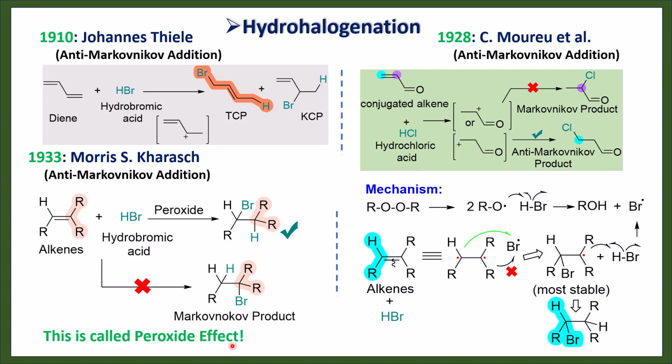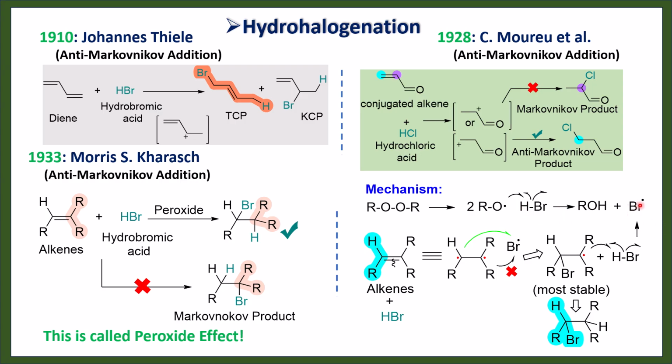And how do these reactions happen? We can look at the mechanism. If you use peroxide, the peroxide decomposes to give alkoxide radicals, and that radical abstracts the proton from hydrobromic acid, giving the bromine radical.